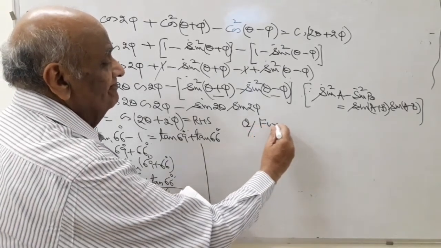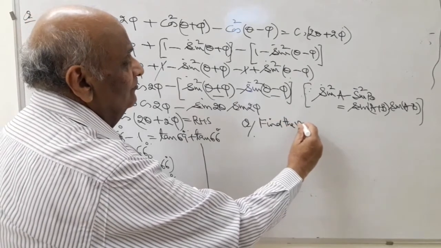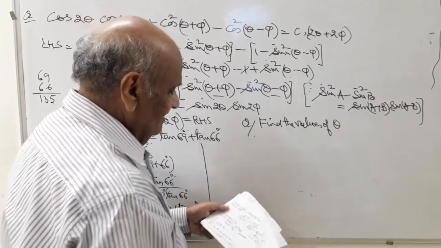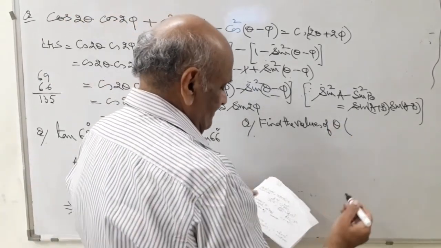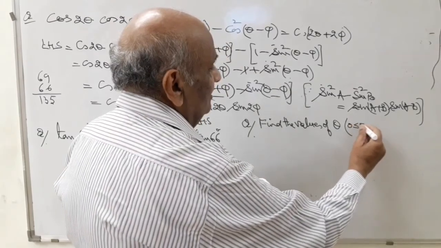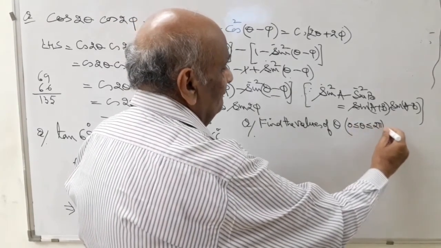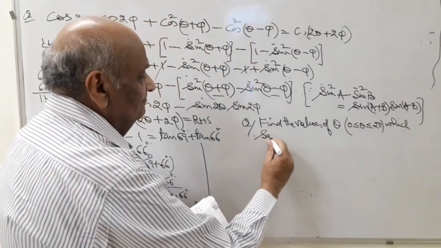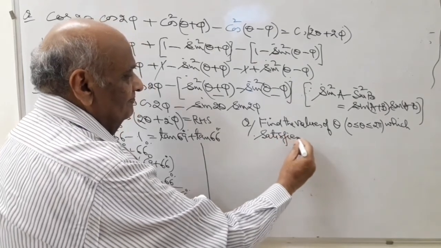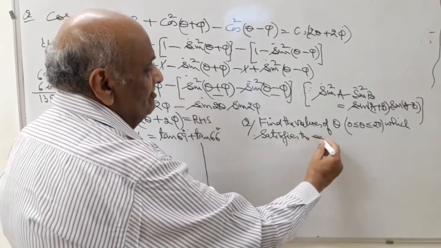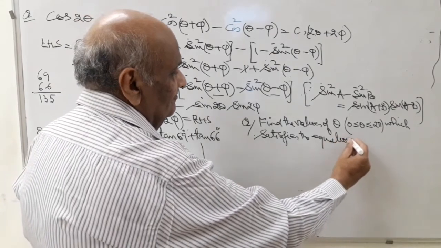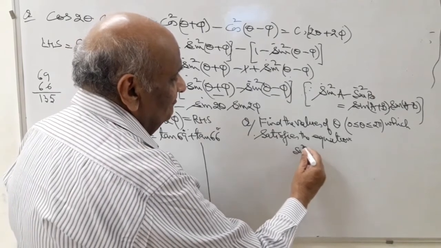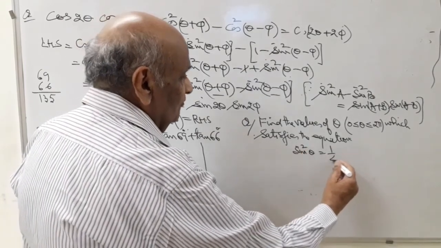Find the values of theta, 0 less than or equal to theta less than or equal to 2 pi, which satisfies the equation sine square theta is equal to 1 by 4.